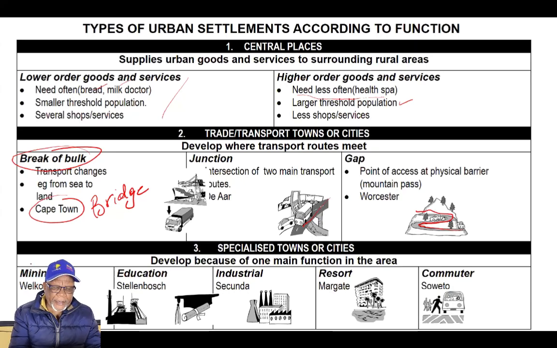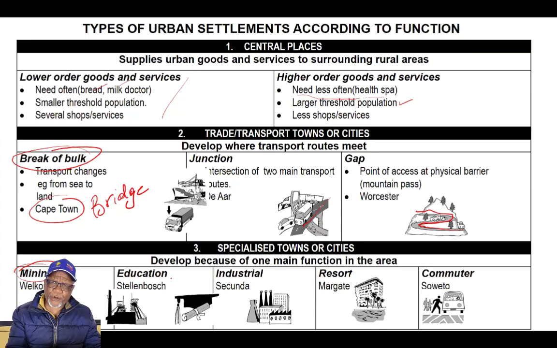A town like Welkom is a mining town. Just like the origin of Johannesburg, that is why it's called the place of gold. It originated because of gold mining. However, even today we can't say Johannesburg is still a mining town because it has since evolved and has now developed into an economic hub with many functions.